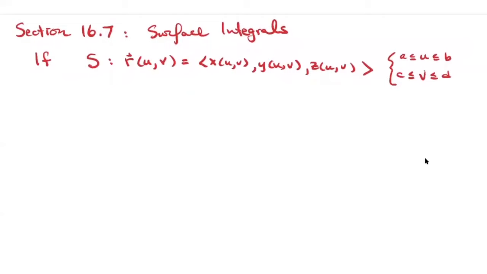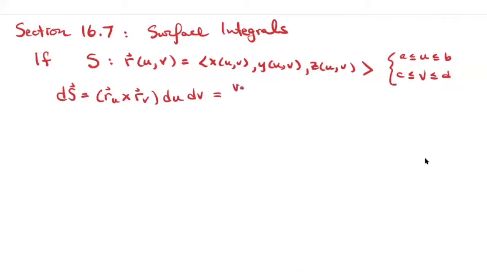Then just to remind you, dS here is just r_u cross r_v, du dv. This is a vector differential for surface area.